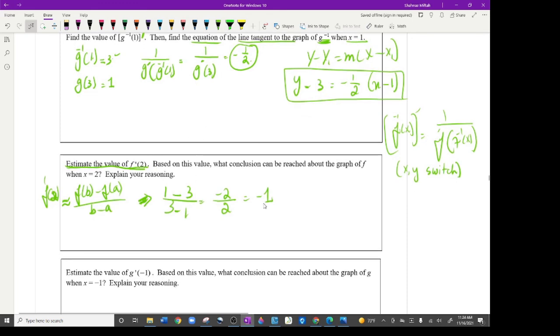Now they said, based on this value, negative 1, what conclusion can be reached about the graph of f when x is equal to 2? Explain your reasoning. When my slope is negative, it means it's decreasing. I have to say this in English. So I'm going to say, they're talking about the f graph, so the graph of f is decreasing because f prime 2 is equal to negative 1.